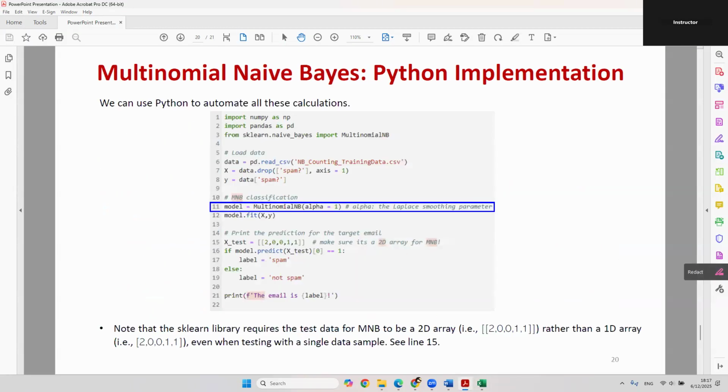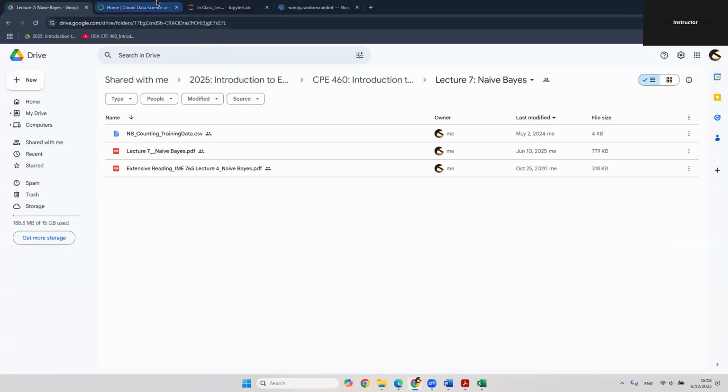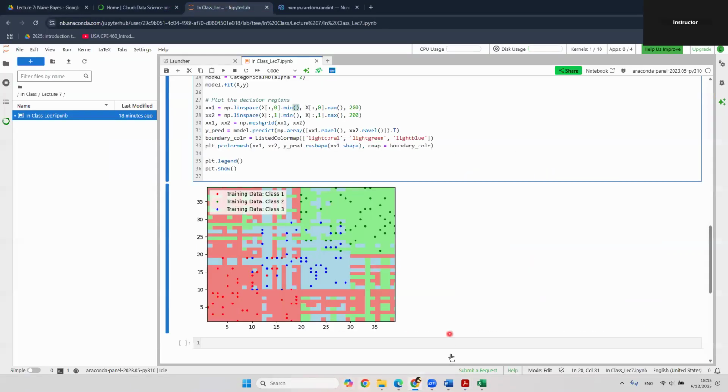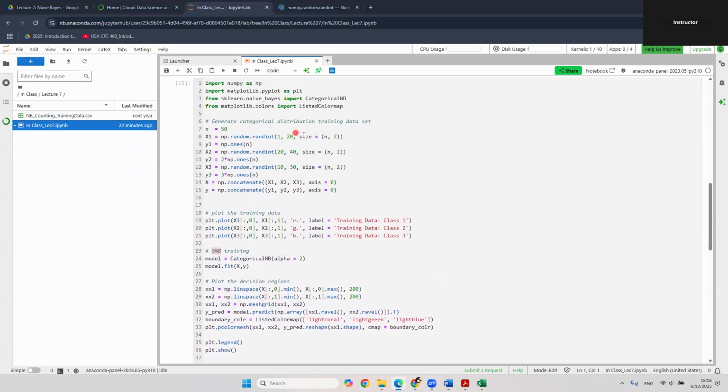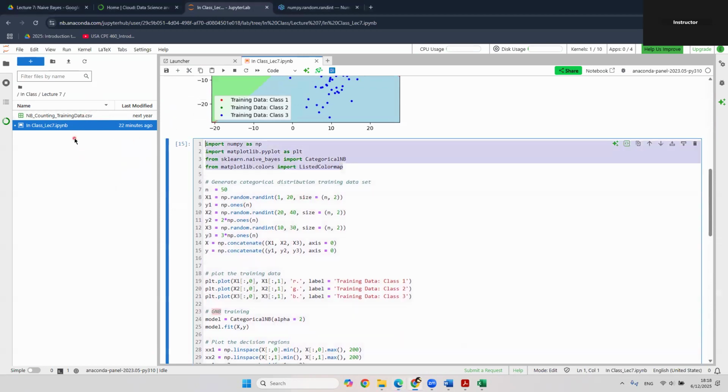Finally, we're going to use Python to compute an example. I need to upload the data first to the server. Here we go, it's pretty fast. Now I'm going to copy paste those things.